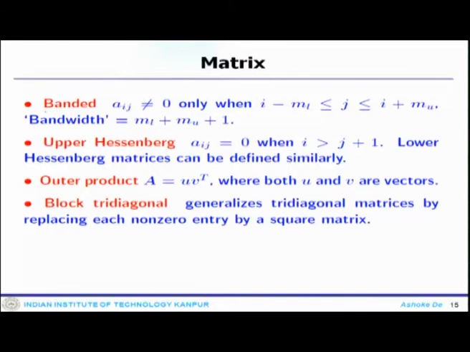This is the definition of the banded system, a mathematical definition which you can find in any linear algebra book, but what is important again is the idea of the banded system.